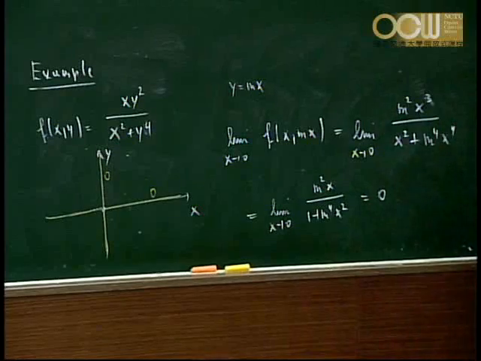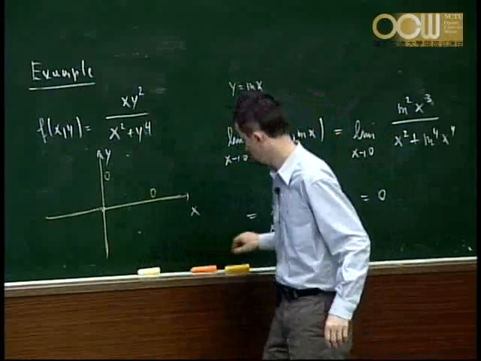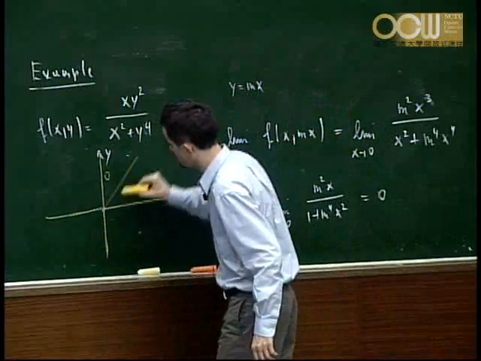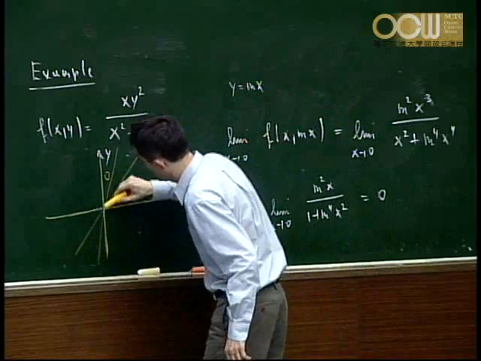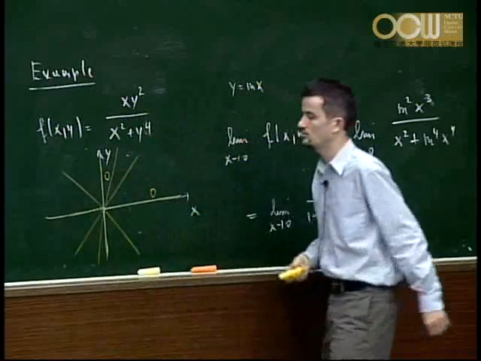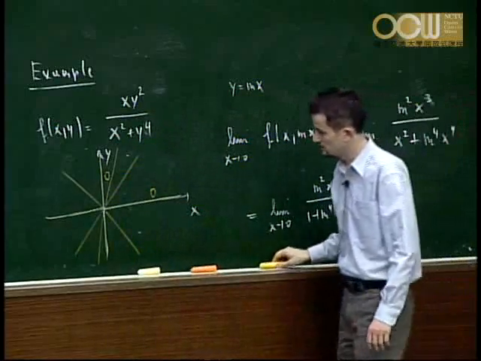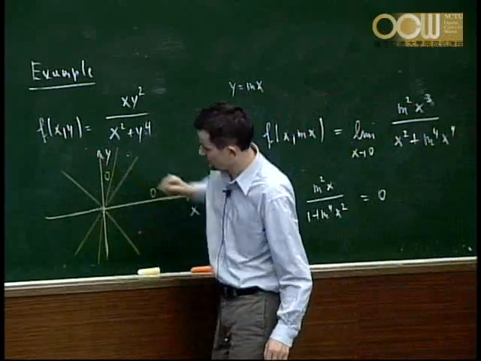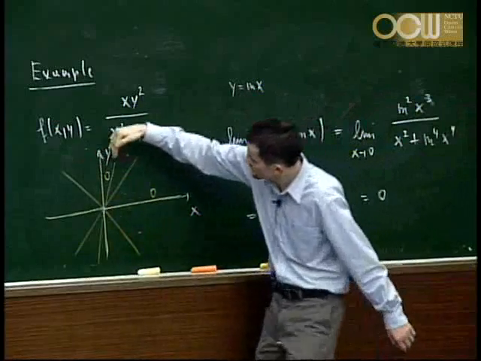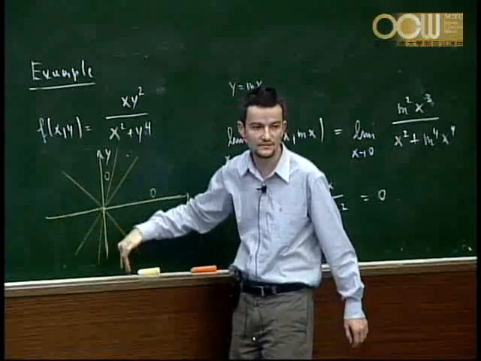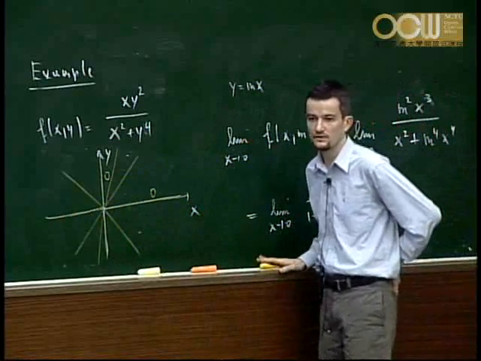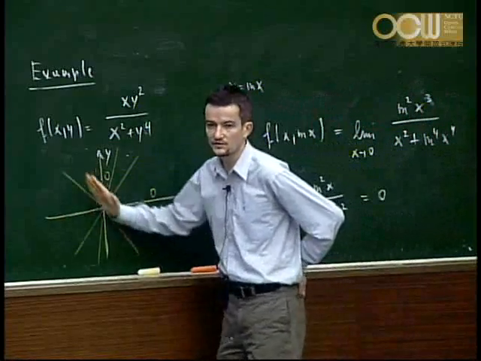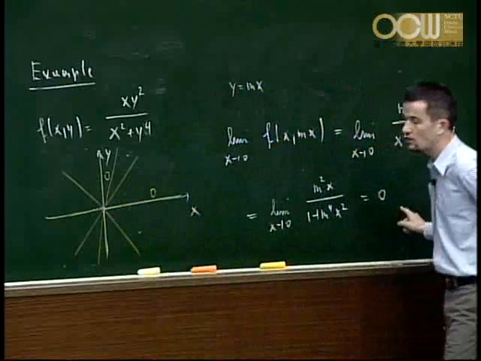So you see that no matter how you approach along such a line, the situation is different from the coordinate axis. On the coordinate axis, the function value is identical to 0. But if you approach along such a line, then the limit is always equal to 0.